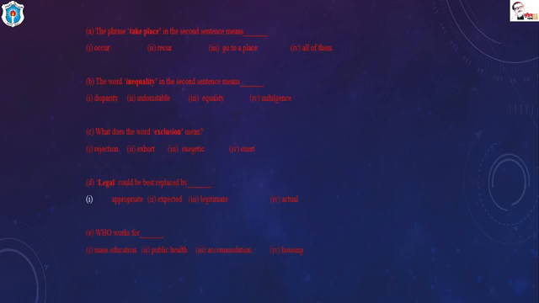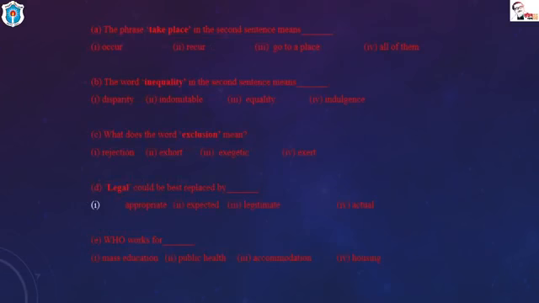Okay, my dear students, look at the first MCQ. The phrase, I can understand. What about you? It's unclear. We can see the words, sir. Can you see right now? I think yes, you can see.